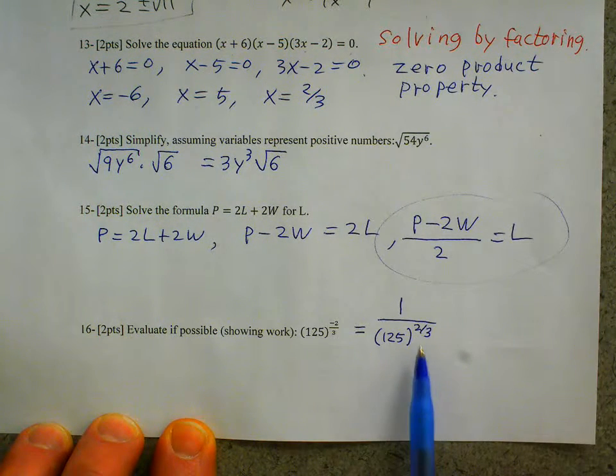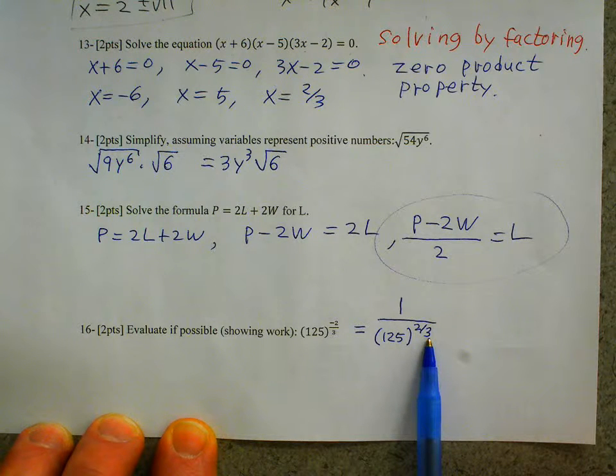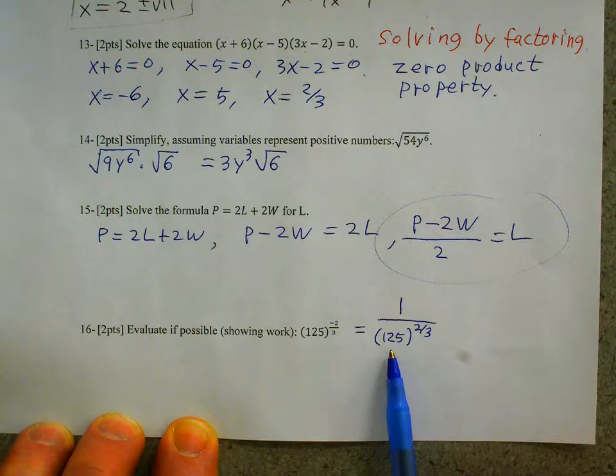When you have an exponent that is a fraction, the denominator of the fraction in the exponent is the root that you want to compute of that number.